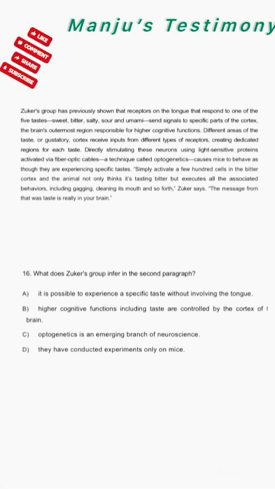Just keep that in mind, and let's read it again. Zucker's group has previously shown that receptors on the tongue that respond to one of the five tastes send signals to a specific part of the cortex. So receptors on the tongue respond to the tastes: sweet, bitter, salty, sour, and umami. Umami means one of the five tastes.